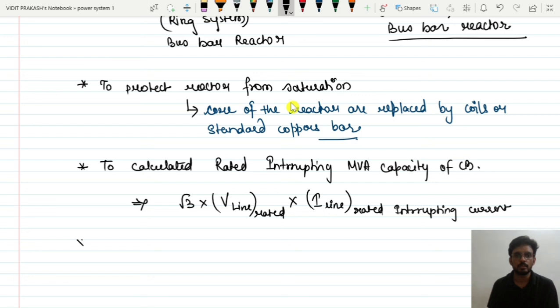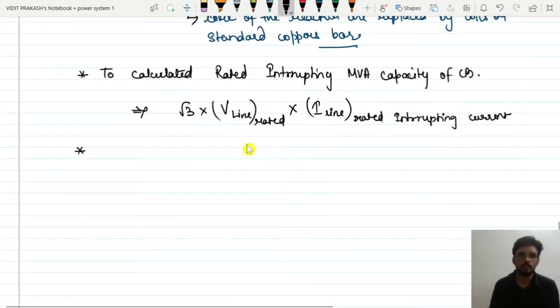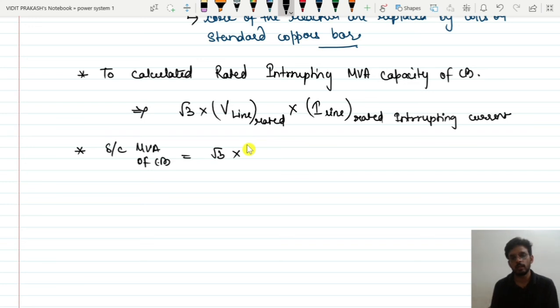Next is how to calculate the short circuit MVA of a circuit breaker. To calculate this, we need the pre-fault line voltage, that is, the voltage before the fault occurs.